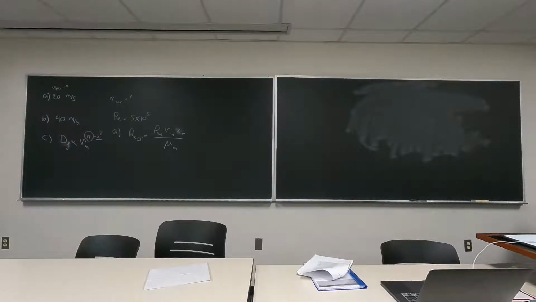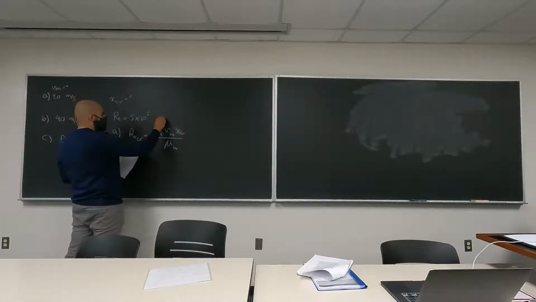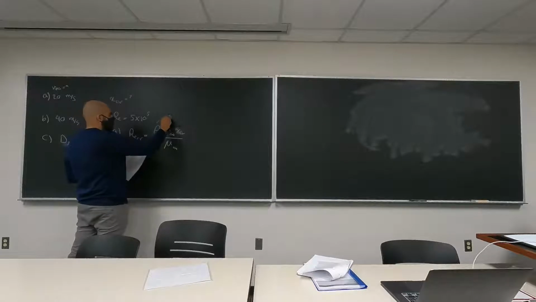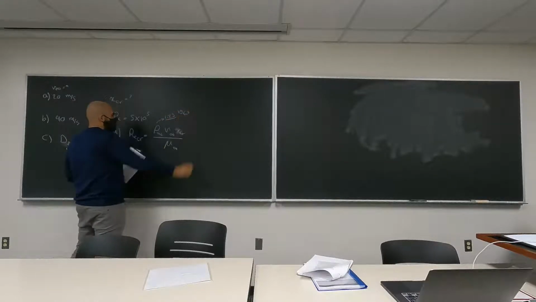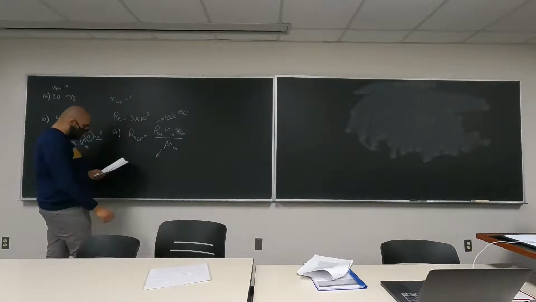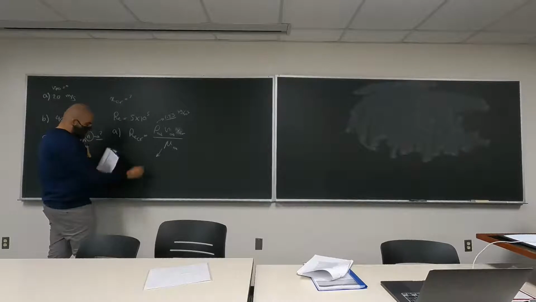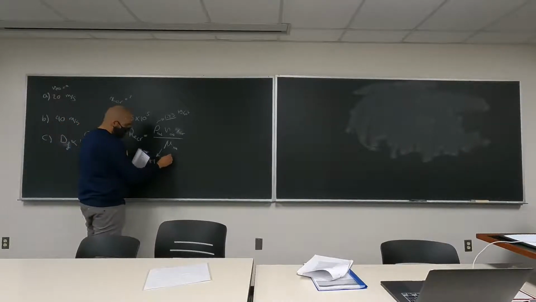So we have the Reynolds number, and we have rho infinity. These are the standard sea level properties, which you can get from the tables in the book. For density of air, we have 1.23. For viscosity, we usually have 1.789 times 10 to the power -5.